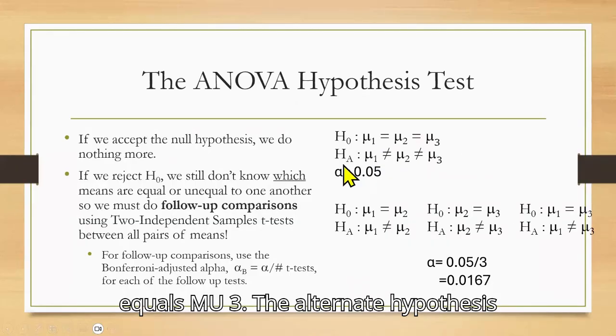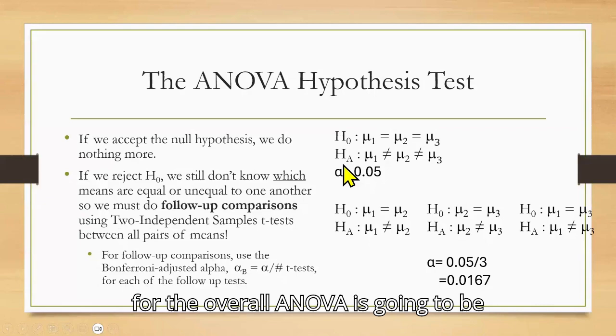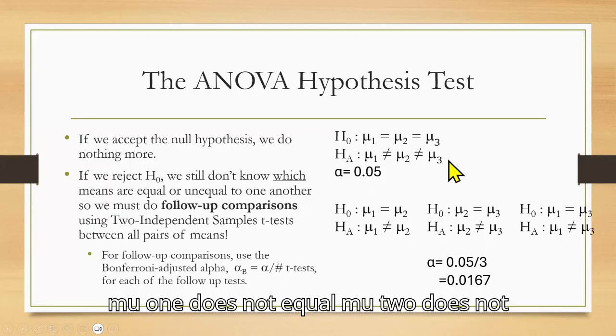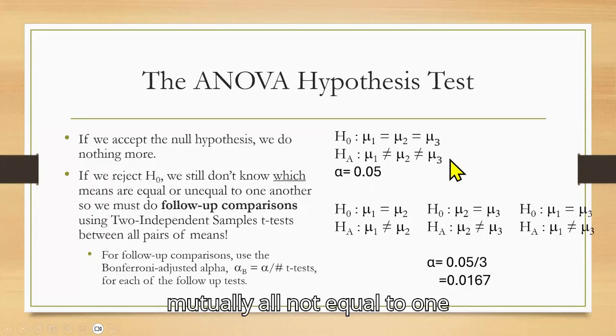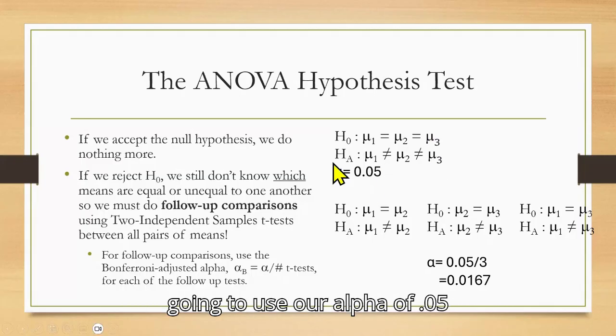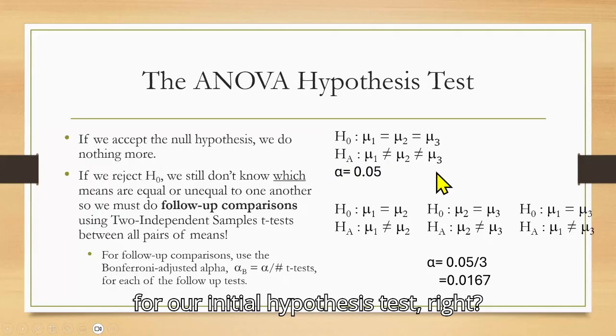The alternate hypothesis for the overall ANOVA is going to be mu1 does not equal mu2 does not equal mu3. So they're not all equal to one another; they're either all the same or they're not all the same. We're going to use our alpha of 0.05 for our initial hypothesis test.